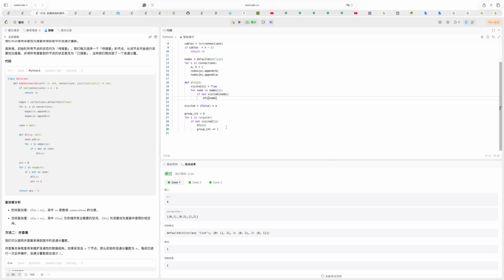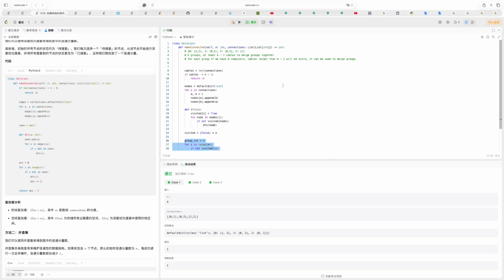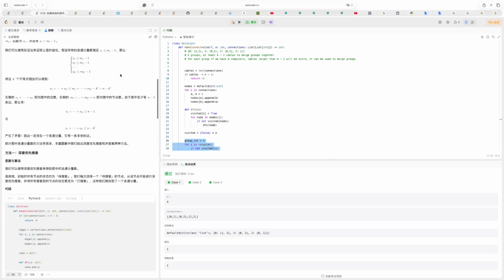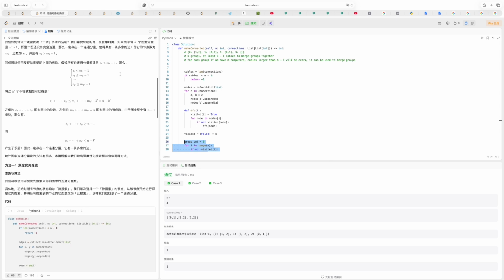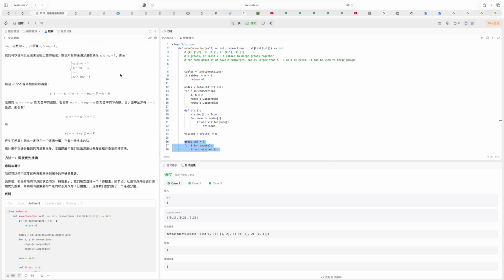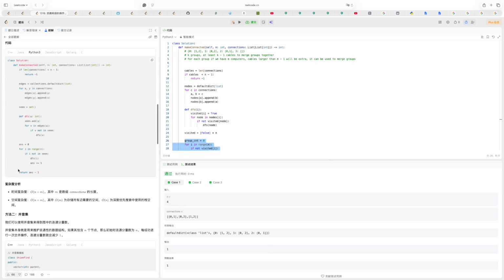Okay, and now we have k groups. It says the k groups minus 1 will be its answer.